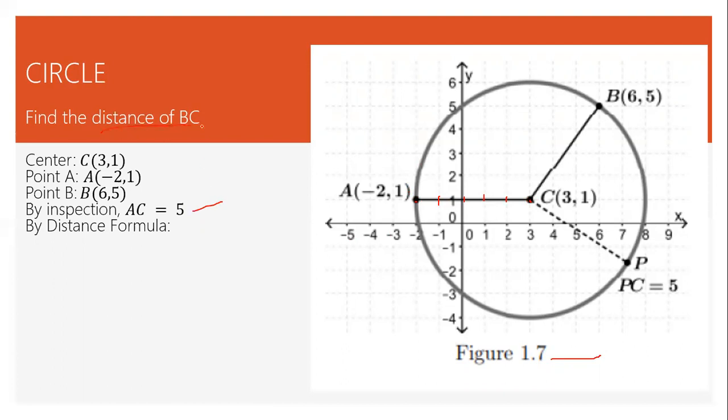Now, let's find the distance of B to C. We will use the distance formula. Our distance formula is: distance equals the square root of x sub 2 minus x sub 1, squared, plus y sub 2 minus y sub 1, squared.